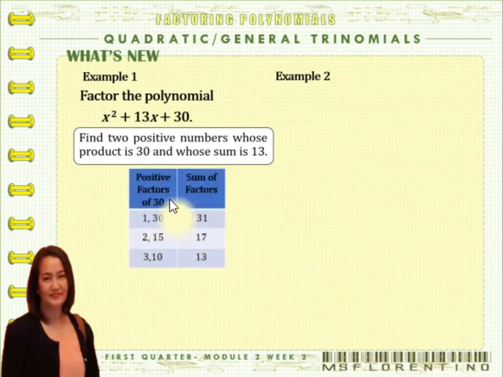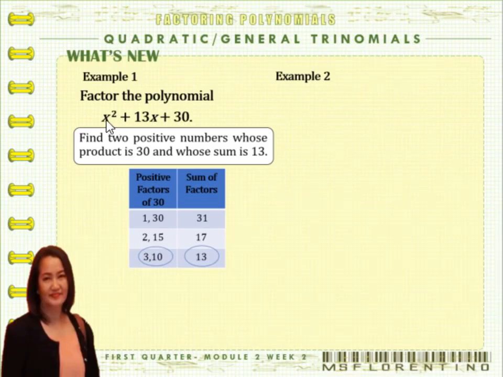Let us try to list down the positive factors of 30: 1 and 30, 2 and 15, 3 and 10. If we get the sum of the factors, 1 plus 30 is 31, 2 plus 15 is 17, 3 plus 10 is 13. Since we need 13, we will be using 3 and 10 as part of our factors.